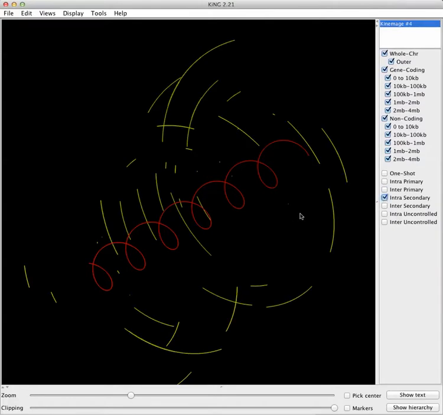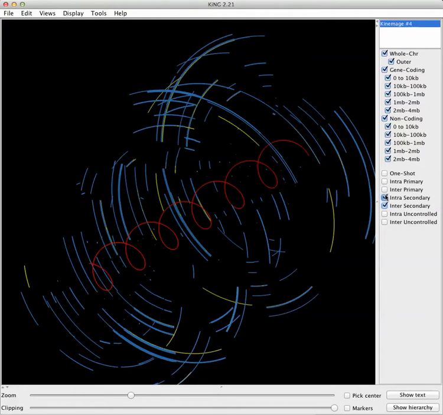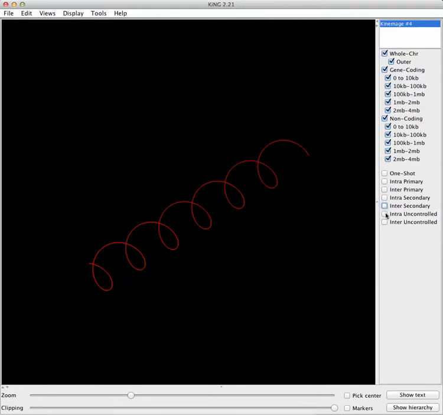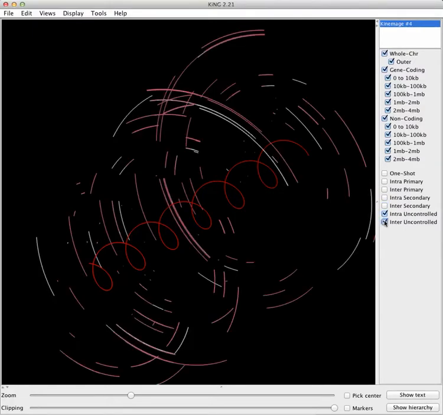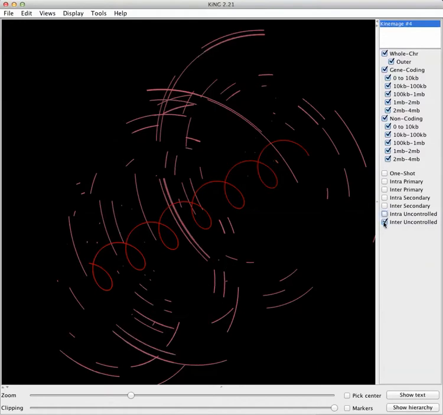And then intra-secondary, there's secondary, which are the ones that are turned off by some other connectron. And these are the chromosomal secondary connectrons. And then, as before, there are just a few of these uncontrolled connectrons whose function I've never quite determined.